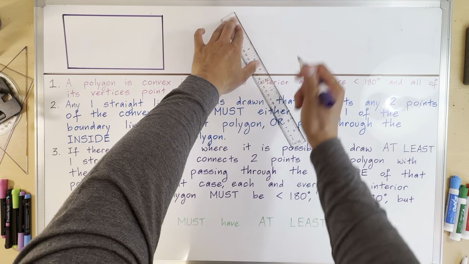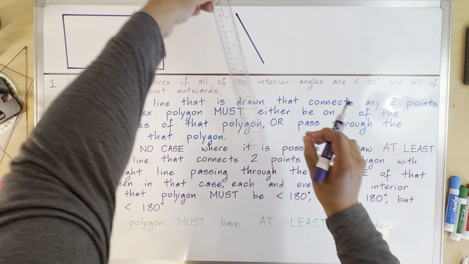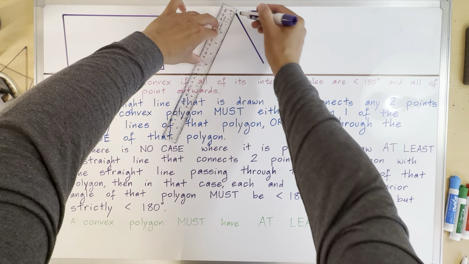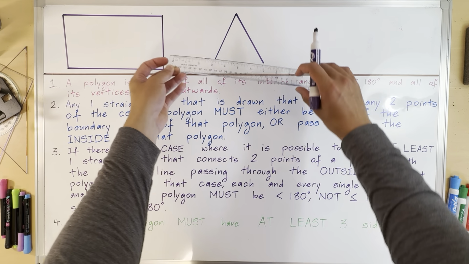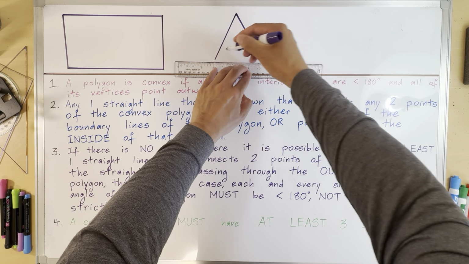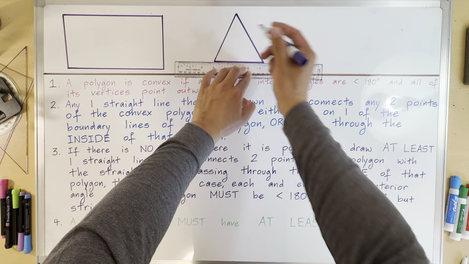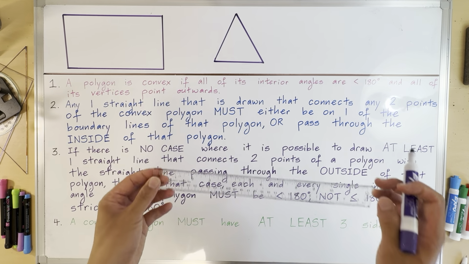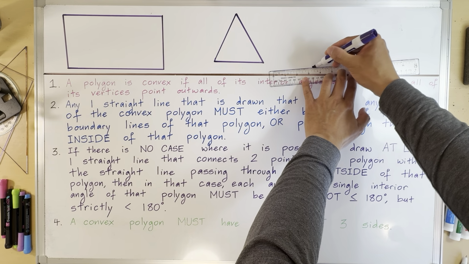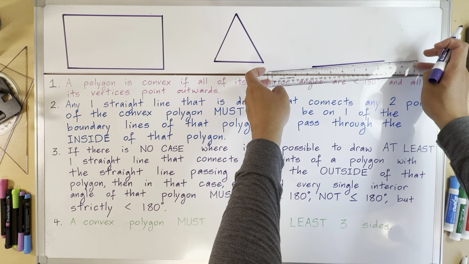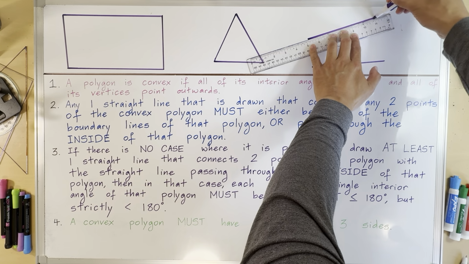And let's suppose we have a triangle right here. And let's suppose we have, let's just say, a 5-sided polygon right here that looks like this.